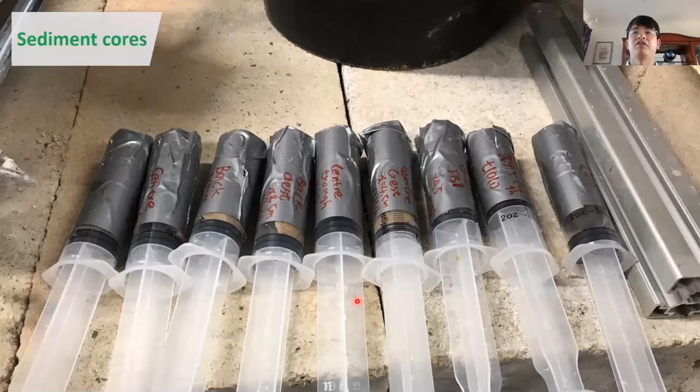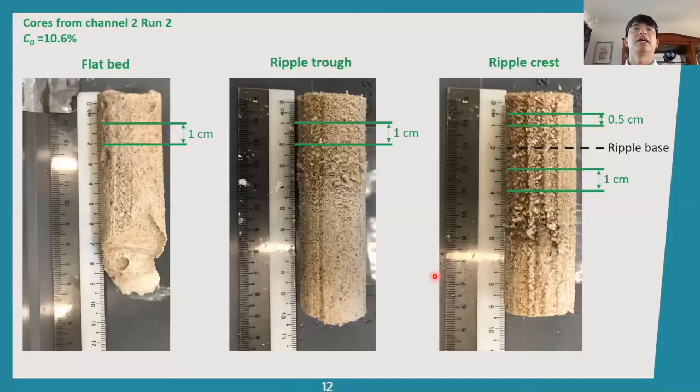This is a photo to show the syringe size of the sediment cores, with a maximum length of about 10 centimeters. These are the 3 sediment cores collected in channel 2 of round 2 with the initial clay content of about 10.6%.